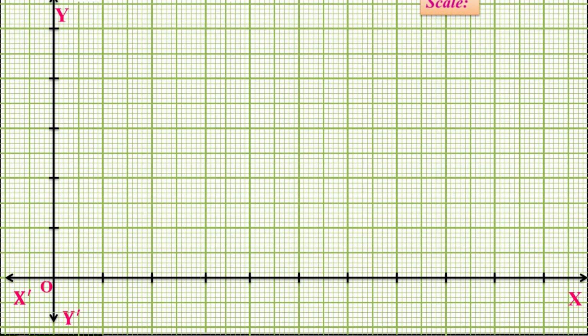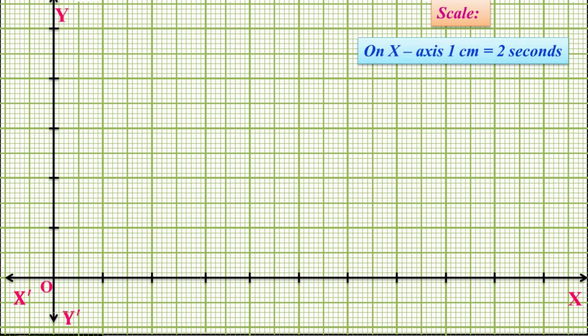Now we can take the scale. The lowest value on the x-axis is 0 and the highest value is 15, so we can take on the x-axis 1 centimeter equal to 2 seconds. The lowest value on the y-axis is 15 and the highest value is 45, so we can take on the y-axis 1 centimeter equal to 10 degrees Celsius.